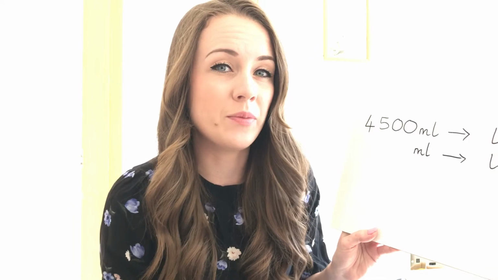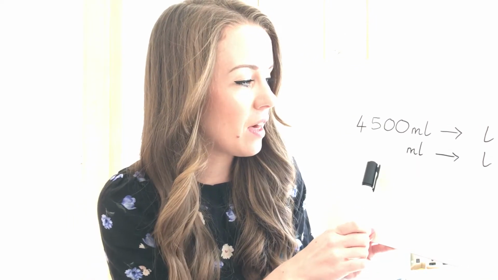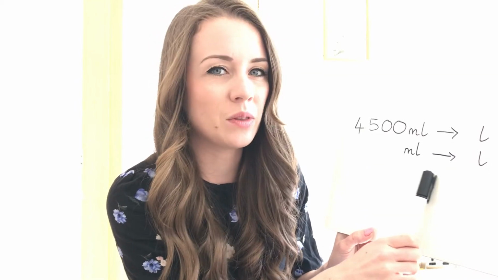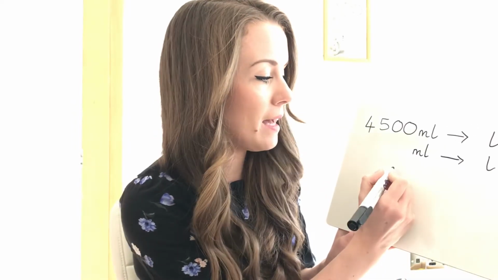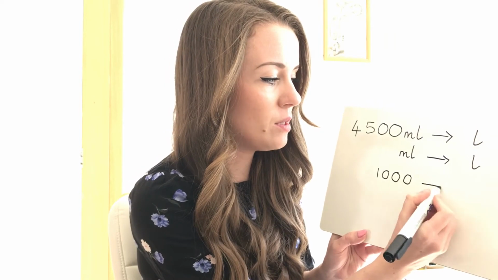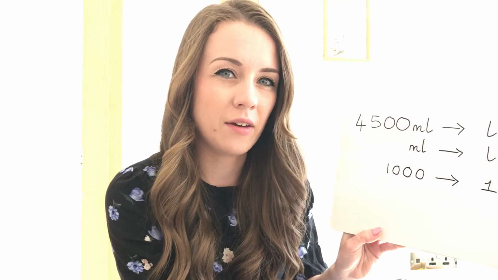So I know, and I know from watching the video on Monday as well, that 1,000 millilitres is the same as, and that's what this arrow here means, 1 litre. That's one of those facts that I've remembered. So I know that 1,000 millilitres is the same as 1 litre.